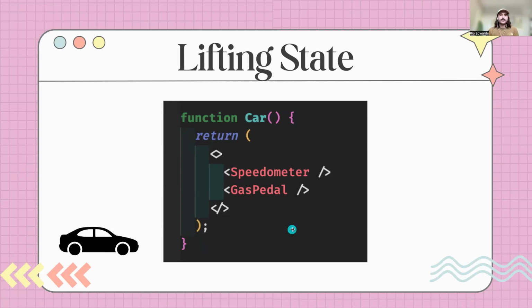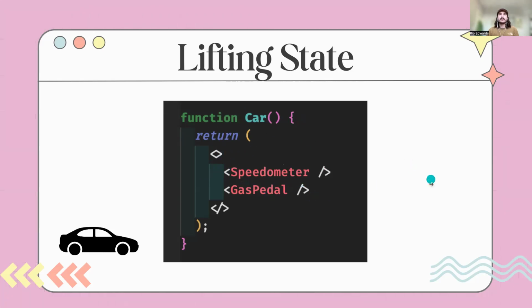Yep, you got it. It's speed. So we're going to be talking about managing speed within this car. I'm going to show you how we start with the gas pedal having the speed. Then we're going to realize if we want that speed to be available in the speedometer, we need to put it into the car component. I'll show you how that works here.